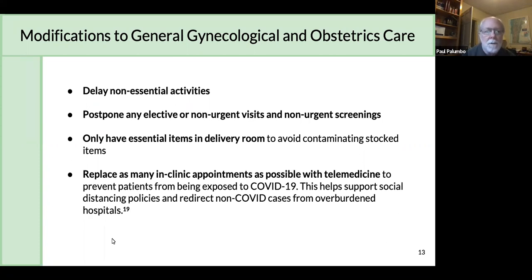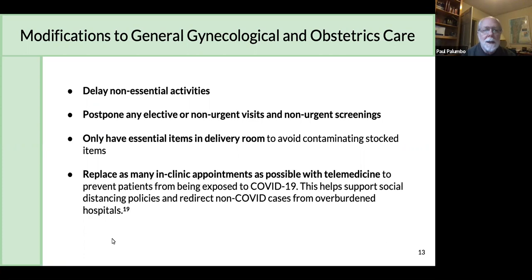There have been a number of reports of contamination of hospital supplies, and they serve as a vector for transmission in that situation. So be a little bit careful. In addition to infection control, we have been chronically experiencing shortages of essential items. So it's another reason not to overstock the delivery room.